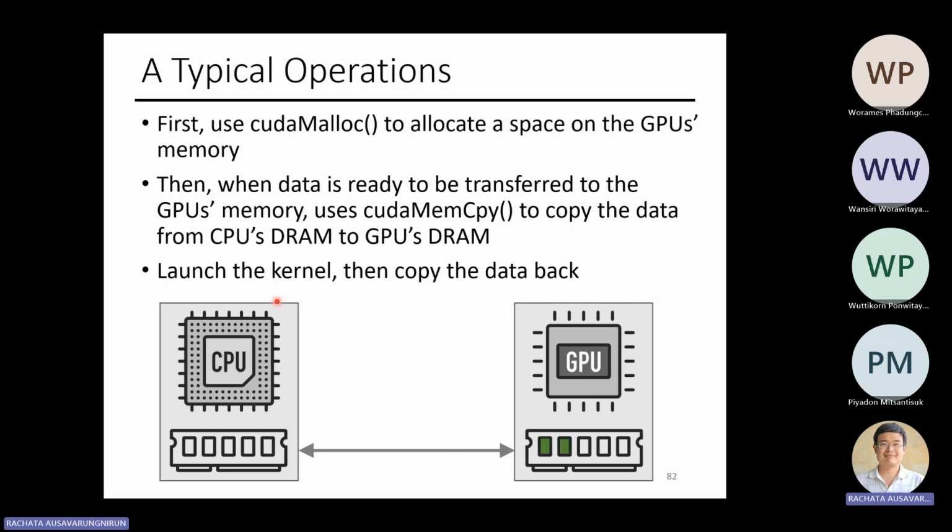When I launch the kernel, it processes the data from the green boxes to the results, which is the red box, and copies back to the CPU. So the CPU has the result. And here's the operation: the arrow in the middle is long. It takes a lot of time to do copying back and forth, right? So this is the long latency operation.